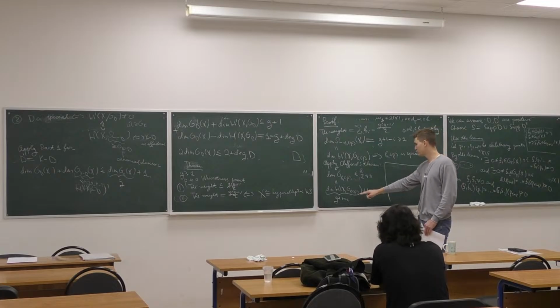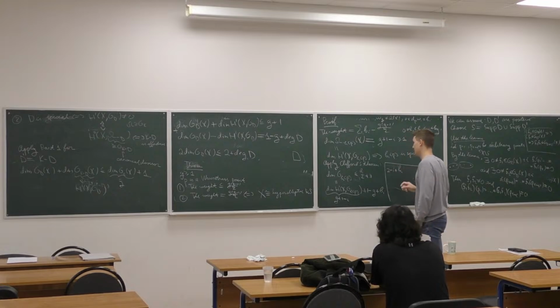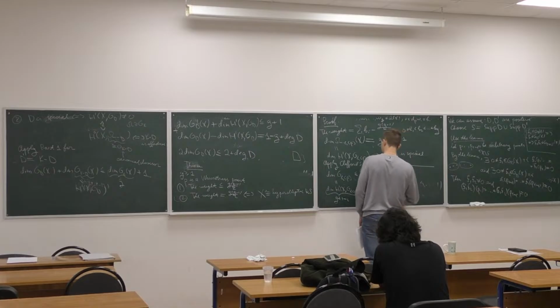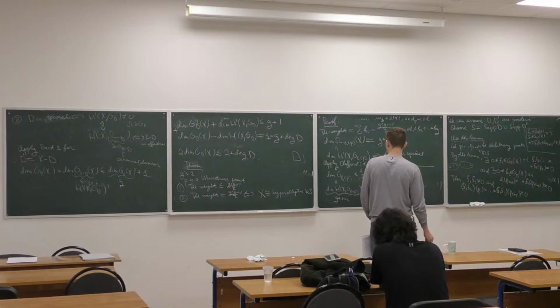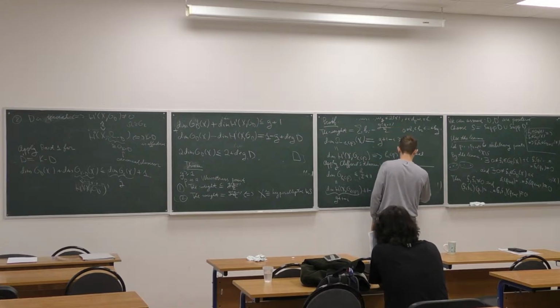So you get 2 minus i plus b_i is less or equal than b_i over 2 plus 1.